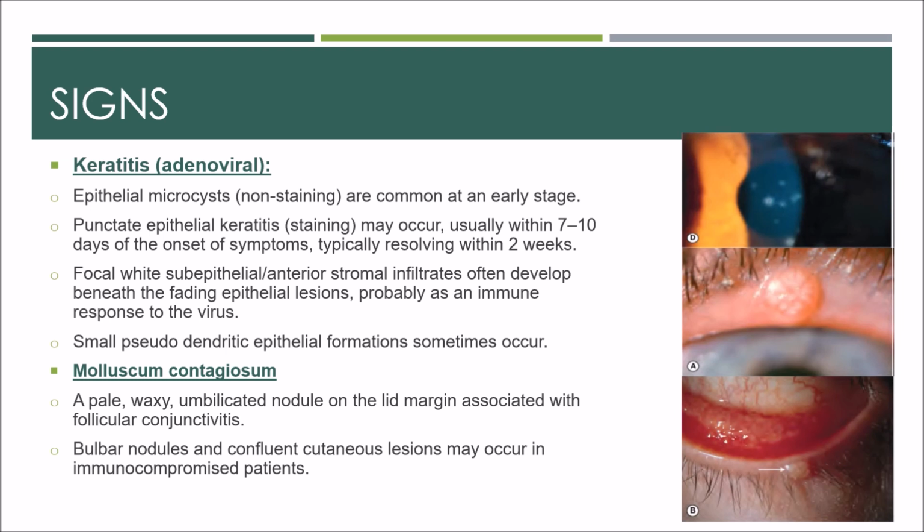Now, this is the umbilicated lesion here on the lid margin, and there is another lesion here, and they are associated with follicular conjunctivitis. They cause mild watery and mucoid discharge. Bulbar nodules and confluent cutaneous lesions may occur in immunocompromised patients.